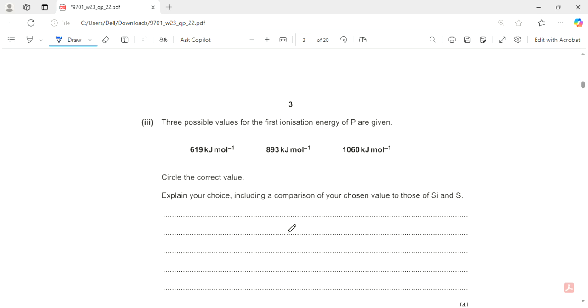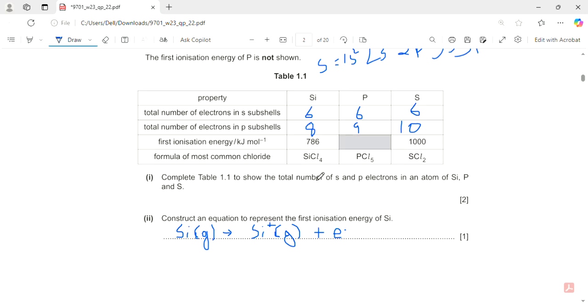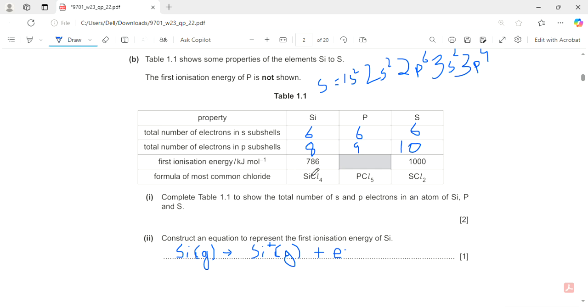Three possible values for the first ionization energy of phosphorus are given. Circle the correct value and explain your choice, including a comparison of your chosen value. We must choose from these three values. We all know that silicon is 786 and sulfur is 1000, so it increases.